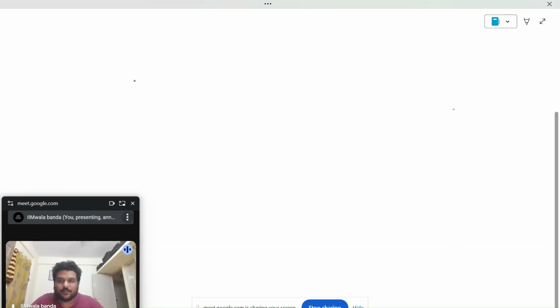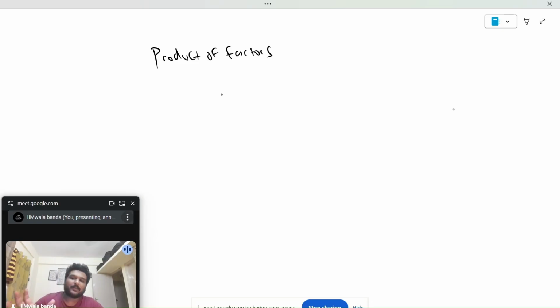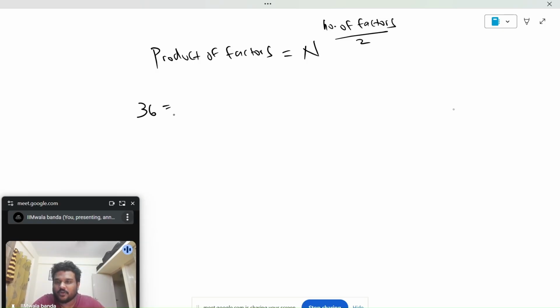Okay, now let's look at product of factors. So product of factors is basically when we multiply all the factors and then what we get as a result is the product. It is n to the power number of factors upon 2. So in our case, when we took 36, which was 2 square into 3 square, we got all the factors as 2 to the power 1, then 2 to the power 2, 3 to the power 1, 3 to the power 2.